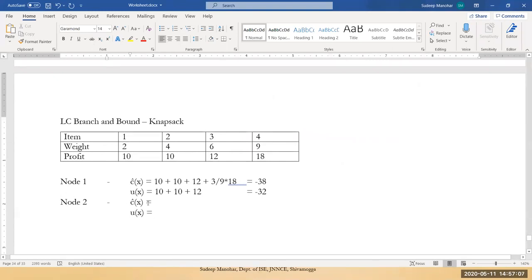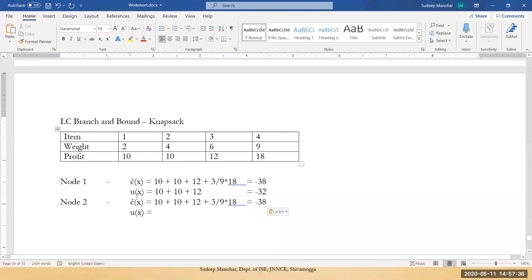C of x is with fraction. U of x is without fraction. With fraction, item number 1 is a compulsion. If item number 1 is a compulsion, that means you are considering item number 1, then 2, then 3, then 4. It is similar to the result from the previous step itself. Therefore, I'll copy this. There is no change in that, because you will get the same result if you follow that.